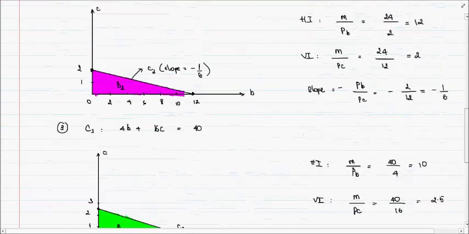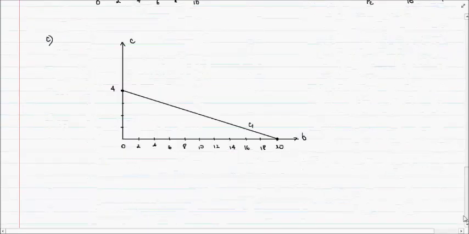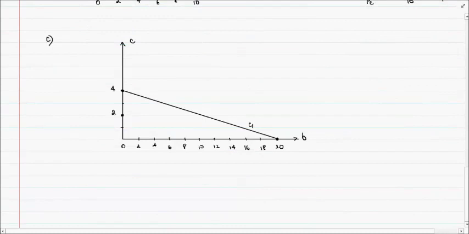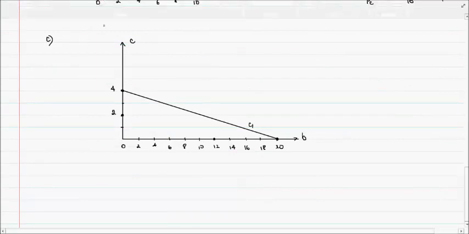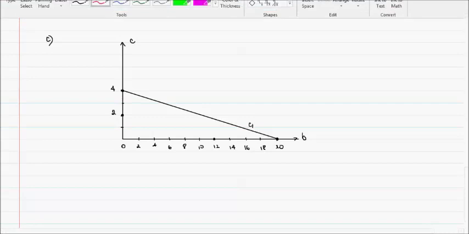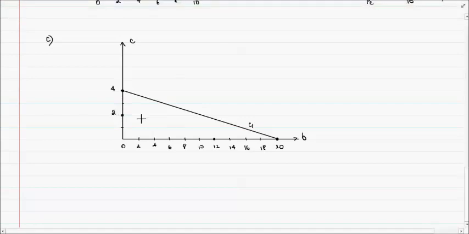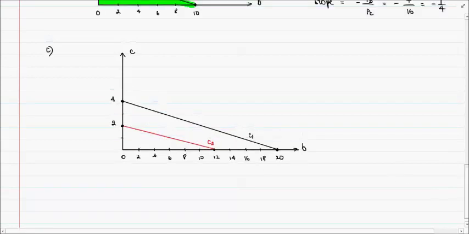Now I'm going to do C2 with 2 and 12, so 12 is here. I'm going to use a different color. I connect these points together. So this is my C2. And C3, I got 2.5 and 10.